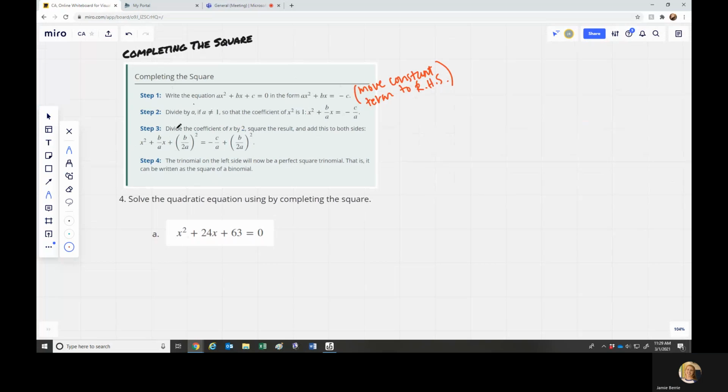You're going to divide the coefficient of x, which we're going to call the middle term. So divide the middle term by 2, square that number, and then add it to both sides. Then the trinomial on the left will now be a perfect square trinomial, and then you can go ahead and factor it, and then use the square root method from there. All right.